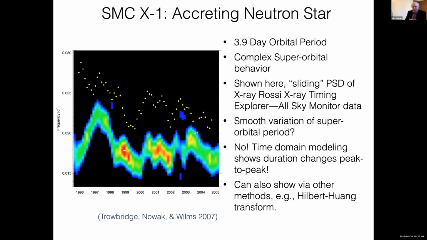In this particular case, what looks like a continuous change in time with power spectrum methods, when you do hybrid time power spectrum methods, which is what the Hilbert-Huang transform referenced there is, you see that the changes really are discrete, that from one individual period to the next individual period, there are these stochastic jumps in characteristic time scales rather than a continuous smooth transition. And that's clearly a case where statistical stationarity is a bad assumption, and you'd want to use a different set of methods.